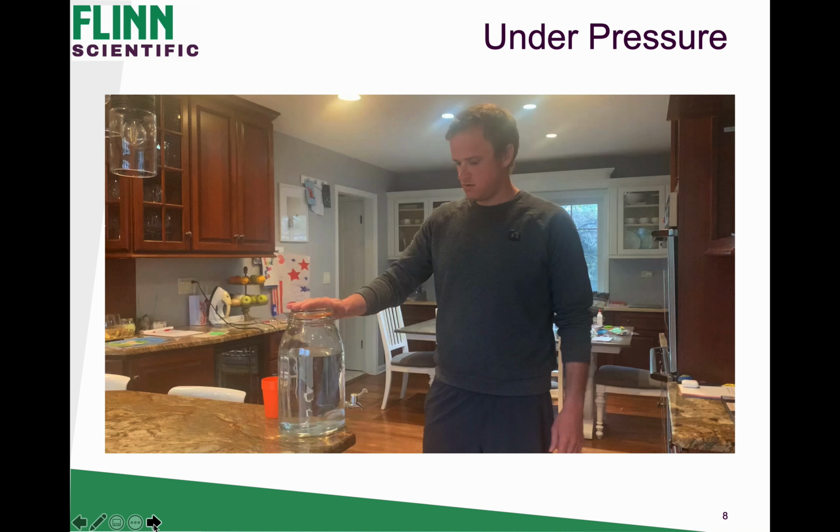All right, here's another really neat one. So for this one, he has a jar of water and he has a valve. And what we are going to see is that he is going to go ahead and open that valve, have the cup underneath the spout, but nothing is going to come out of this jar.